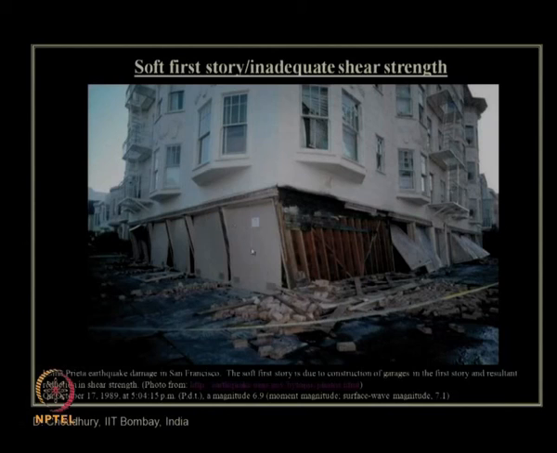A soft first story causes maximum collapse when a major earthquake occurs at the site, because of no bonding or no adequate connections between the members. So it is always preferred to provide some bracing or connection system to avoid this soft story effect. This is called a soft story, where there is no infill wall between columns and so on.